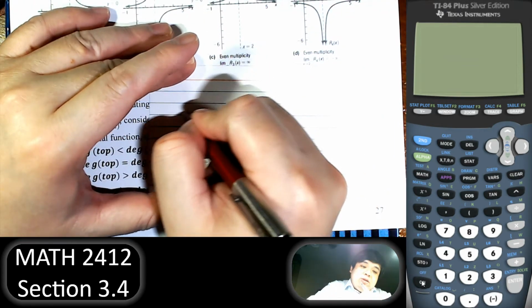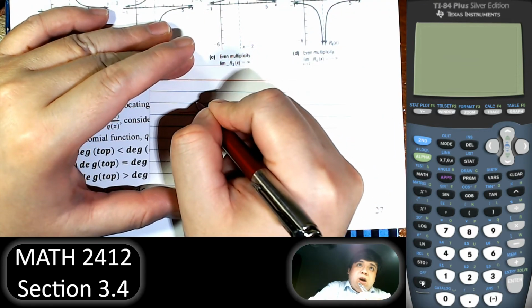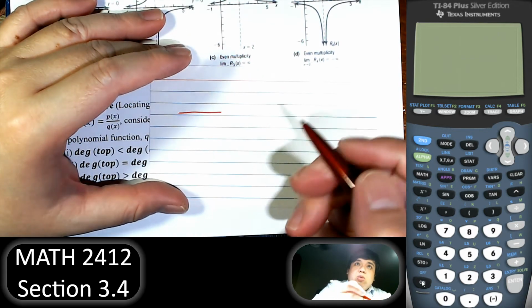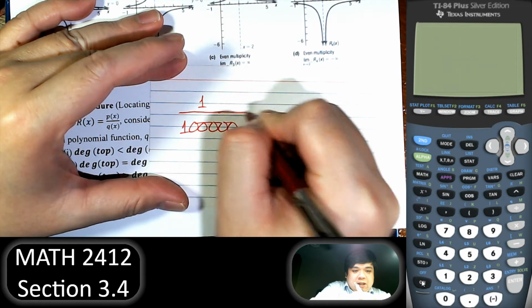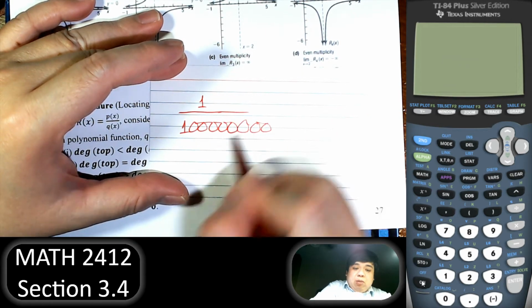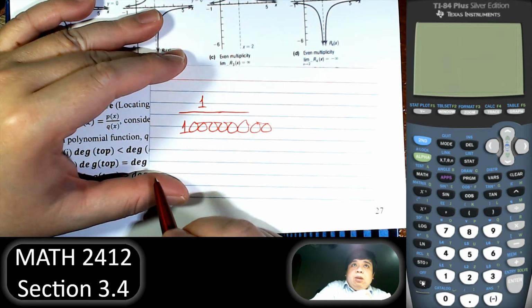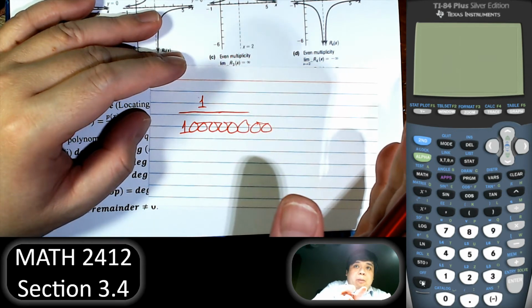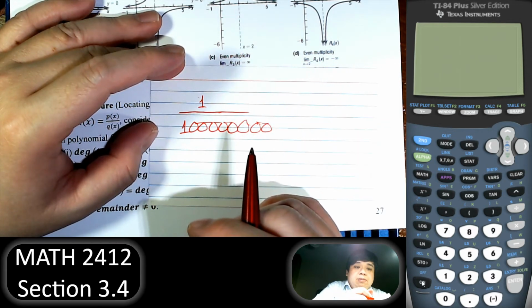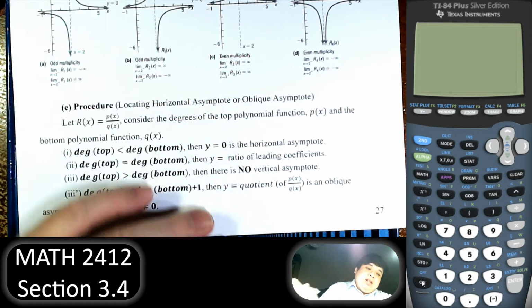Simply, if we have something that is too small on the top and the bottom is going too big, think about this. The bigger number we have at the bottom, where the top is constant, then that will go to 0, right? So that's what it is.